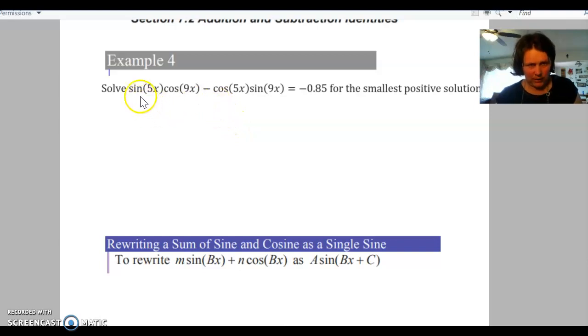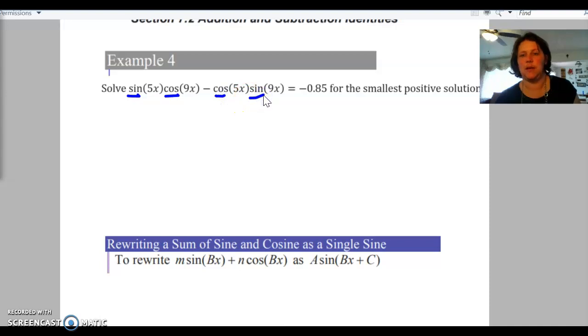So I'm going to look at this and figure out, is this the sum of a sine, or the difference of a sine, or the sum of a cosine, or the difference of a cosine? Let's look at the clues they give us. Our trig functions here are sine, cosine, cosine, sine.